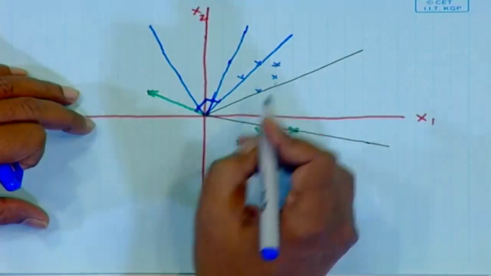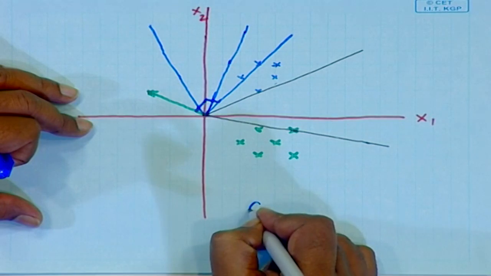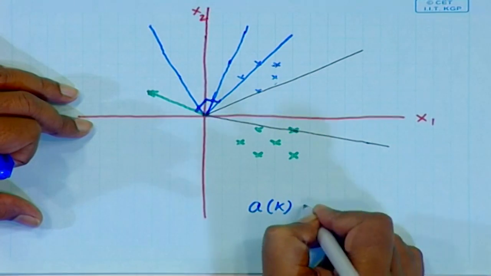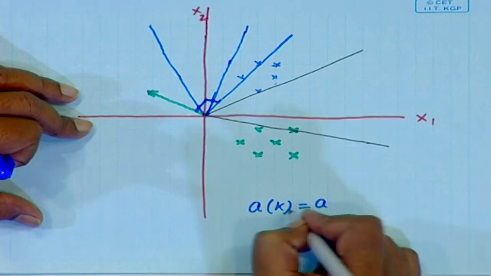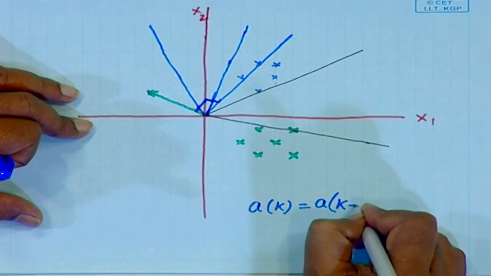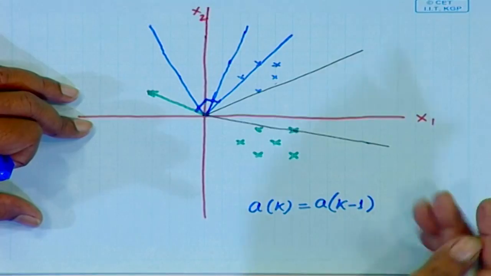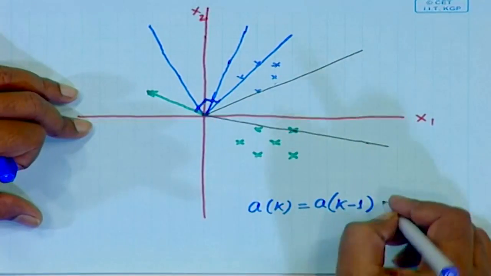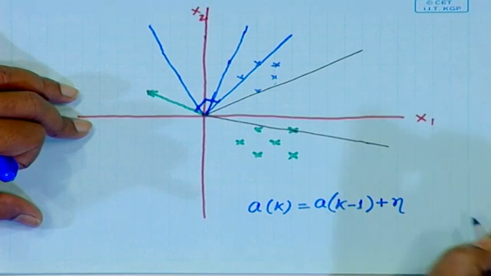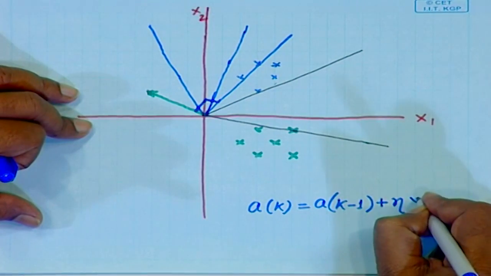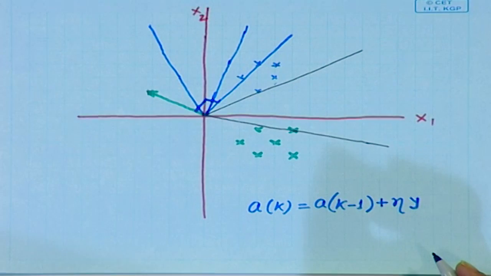And what is my algorithm? My algorithm says A_k is equal to A_(k-1), the previous iteration, plus a constant eta times y, which is misclassified.